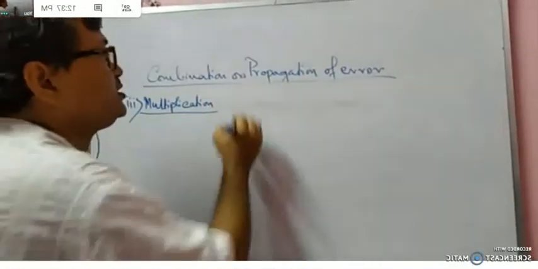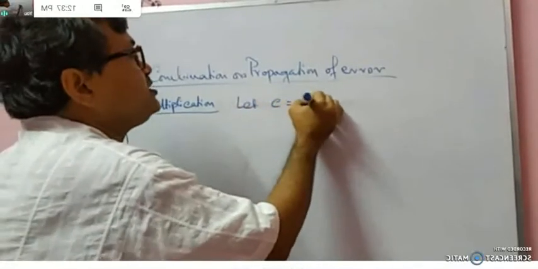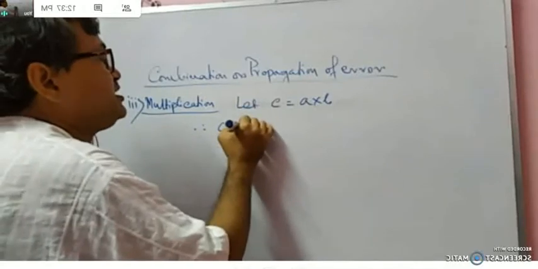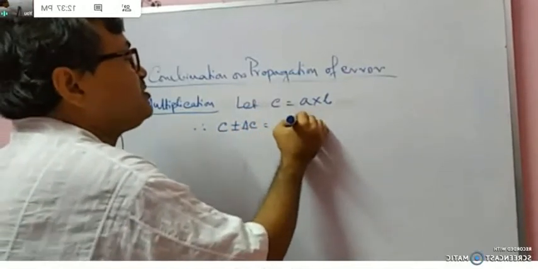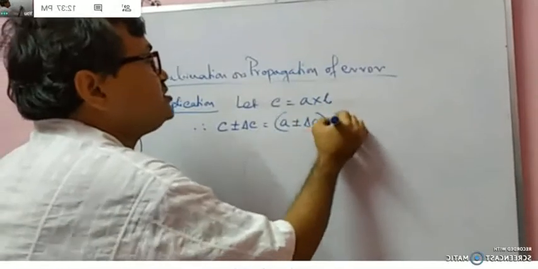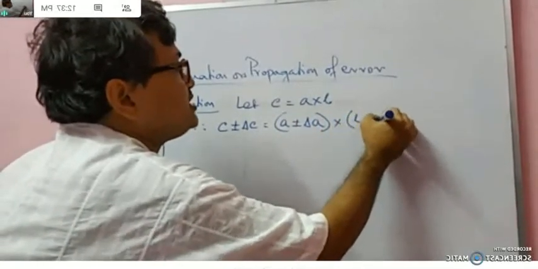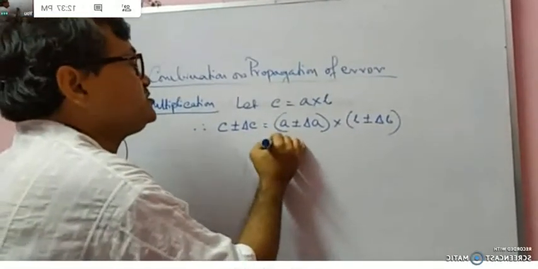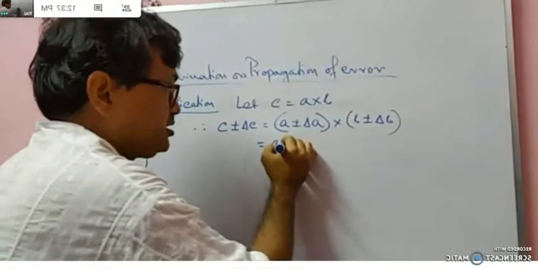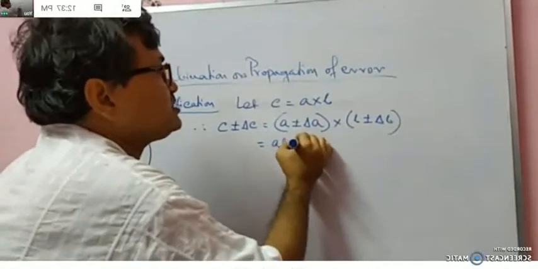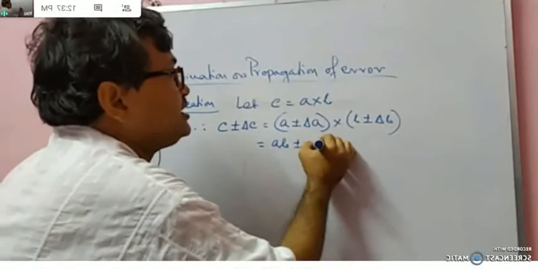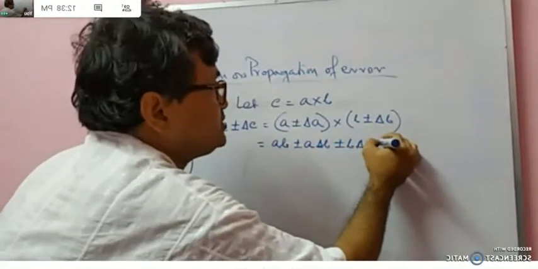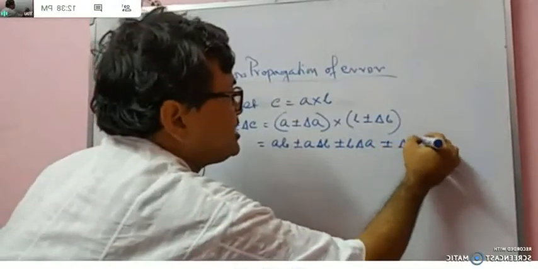Just see. Let C equal to A into B. Therefore, C plus minus delta C will be A plus minus delta A into B plus minus delta B. If I multiply this, we get AB plus minus A delta B plus minus B delta A, then again plus minus delta A delta B.